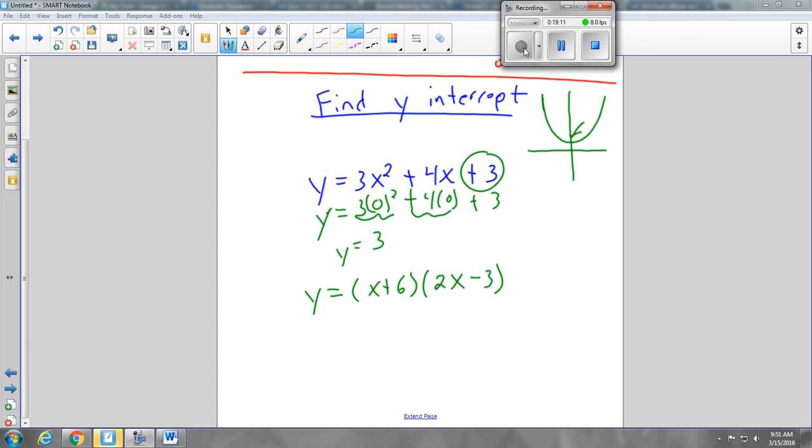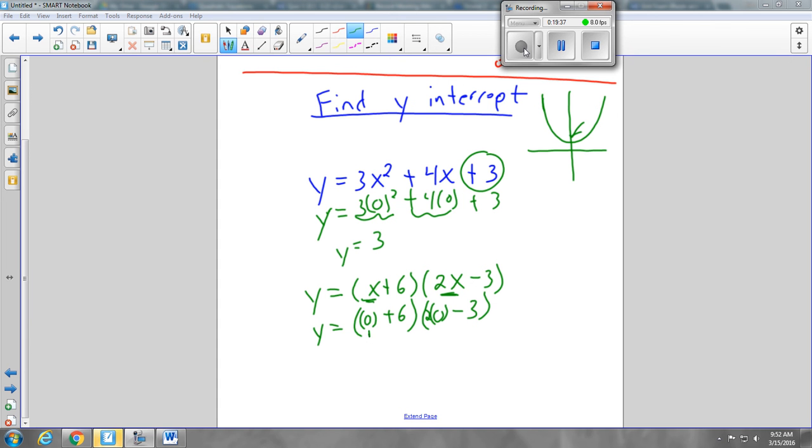So what happens if I put 0 in place of x there and 0 in place of x there? Let's do the whole thing. So we get 0 plus 6, and then 2 times that x, which is now a 0, minus 3.